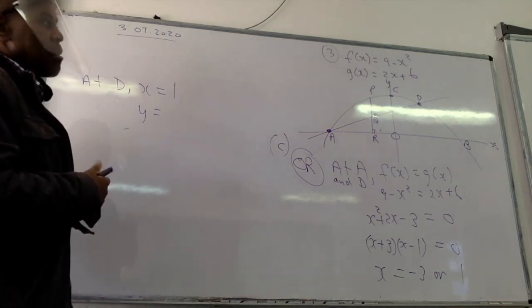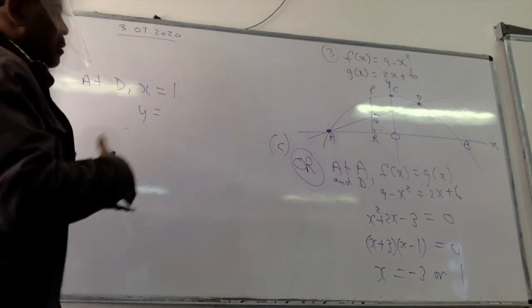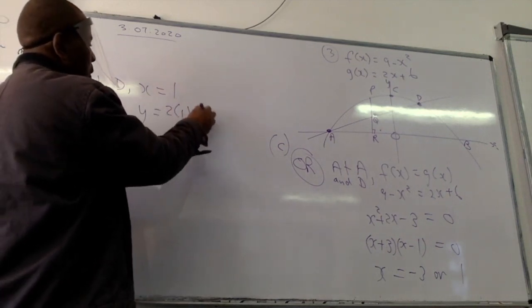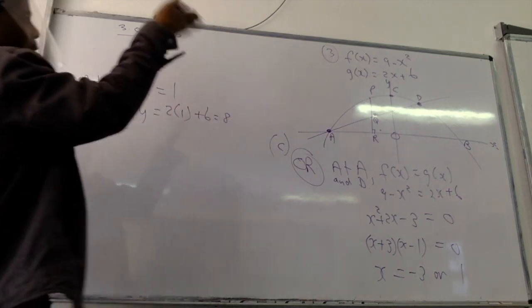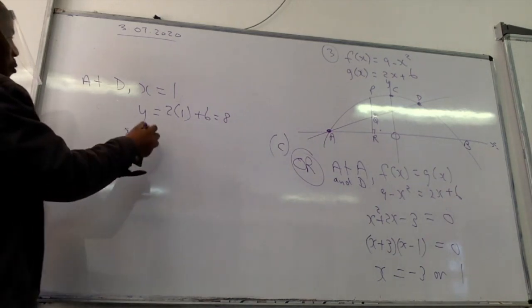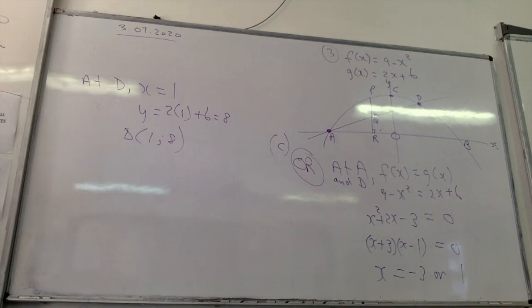G is just linear and simpler than F. So let's substitute in G. And so we get an answer of 8. Or if you substitute in F, you will still get 8. Then please write your coordinates because they are asking for coordinates. So your final answer should be (1; 8), given properly in coordinate form.